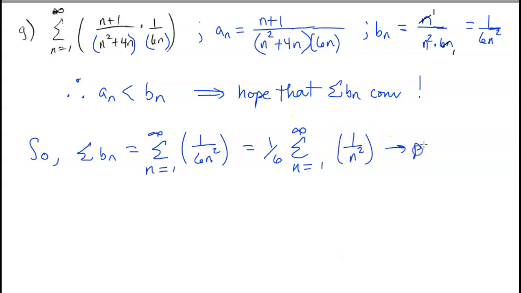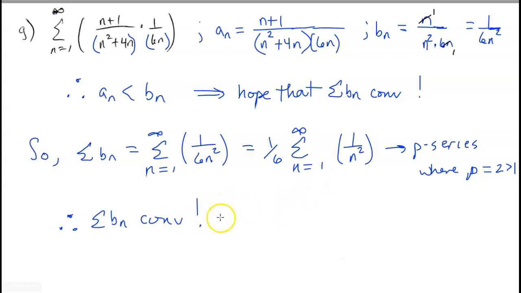And again, this is a p series where p is equal to 2, which is greater than 1. So therefore, this particular series, the bigger series, converges. So that means that the smaller series also converges. So that means that this series here is going to converge by the comparison test.